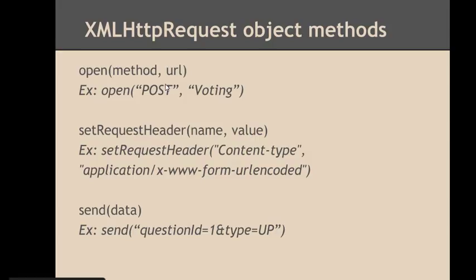For instance, in our voting system, we'll send some form data, so the content type should be set as application/x-www-form-urlencoded. And the last method is send. This basically sends the real data with this configuration. And in our example, the data is question ID is 1, type is up.